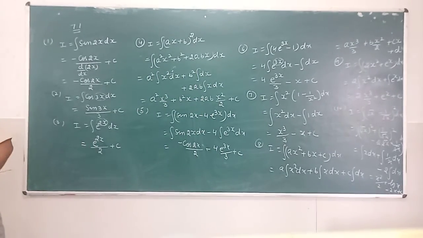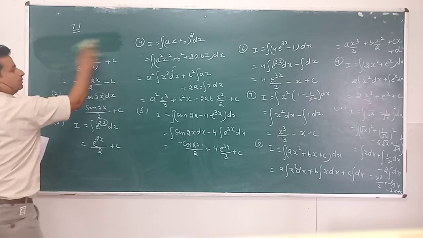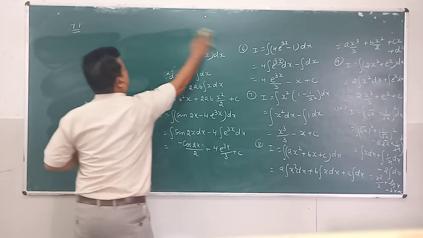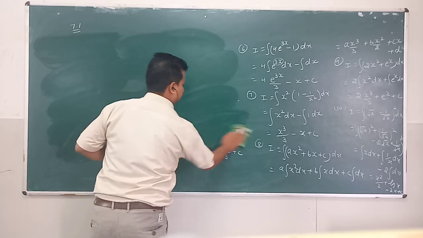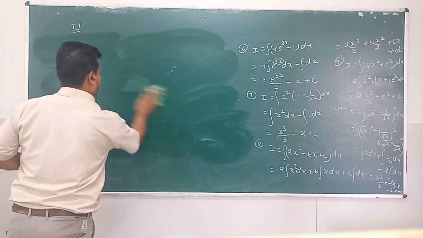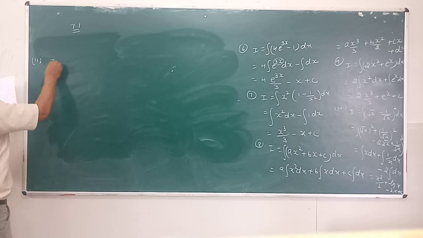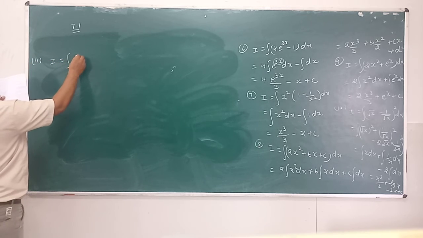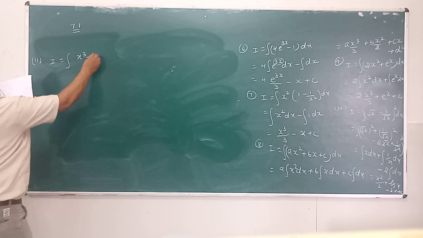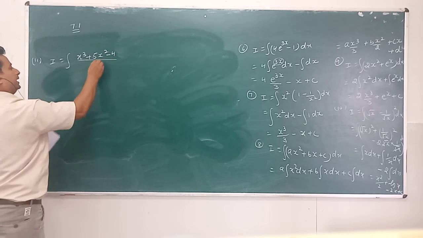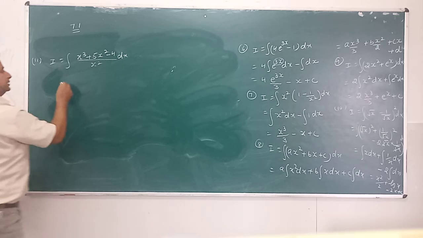In the next question, question number 11, the statement is I is equal to (x cube plus 5x square minus 4) by x square dx.